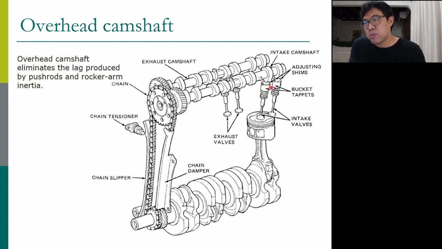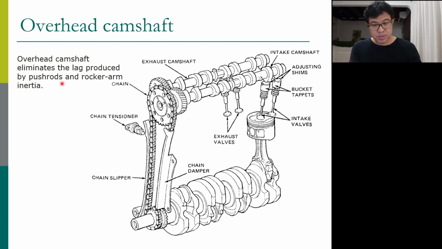We push the bucket tappet and then the valve stem, so we have fewer components, less delay, and less flexibility. We can open the valve quicker, and the opening can be more precise. So this overhead camshaft is used nowadays, as it eliminates the lag produced by the push rod and the rocker arm.